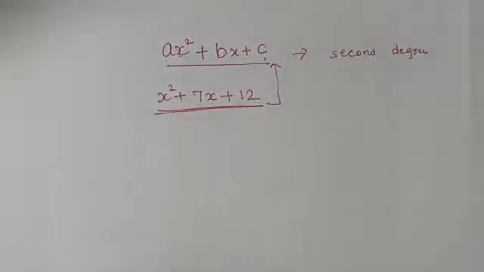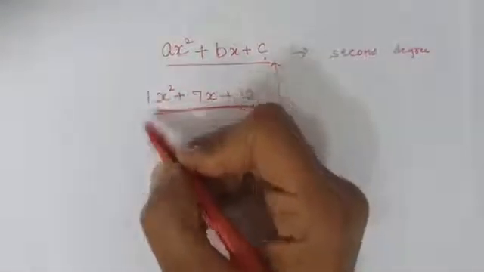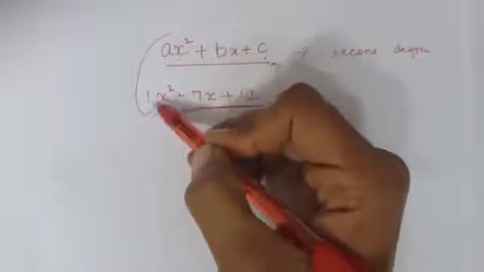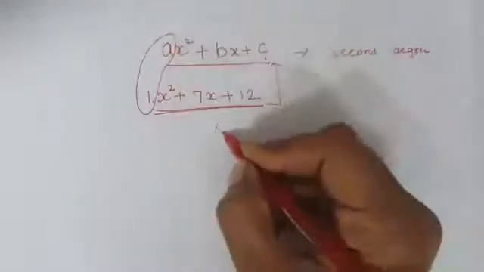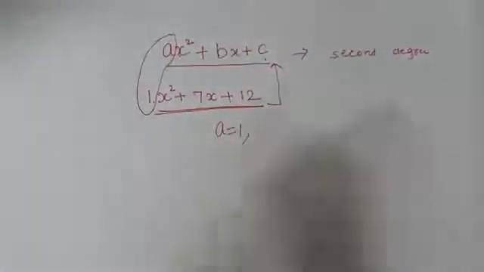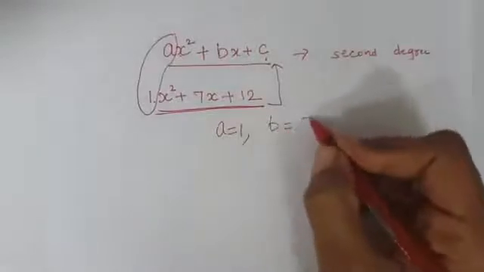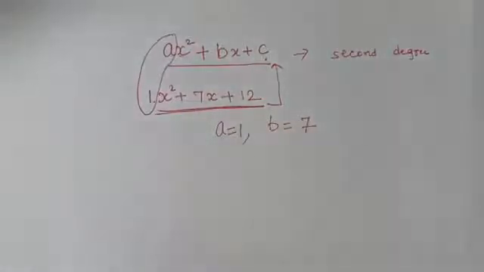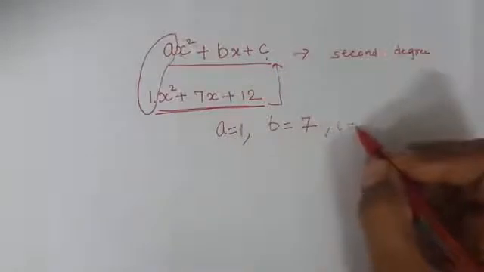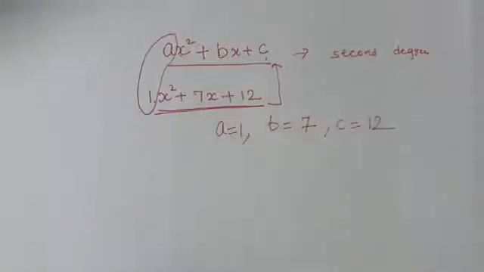So, on comparing, we can say in place of a, there is 1. In place of b, there is 7. And in place of c, there is 12.